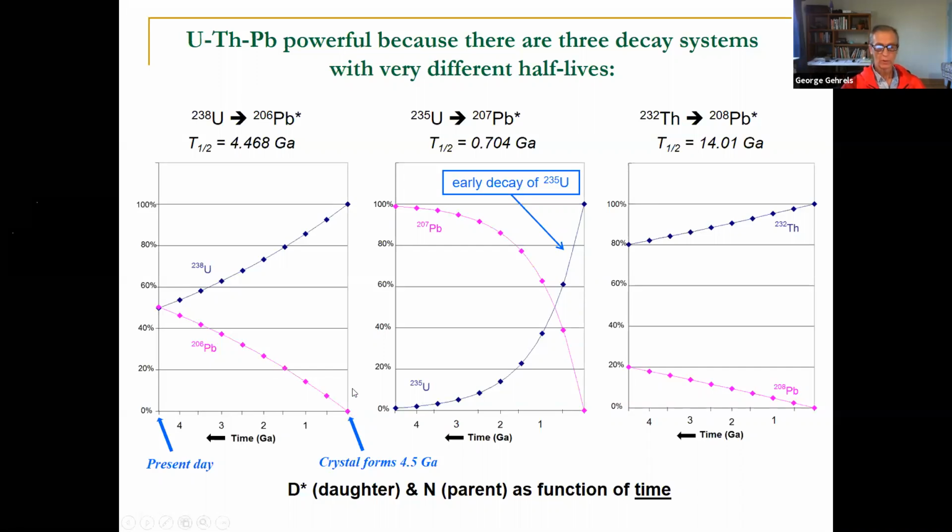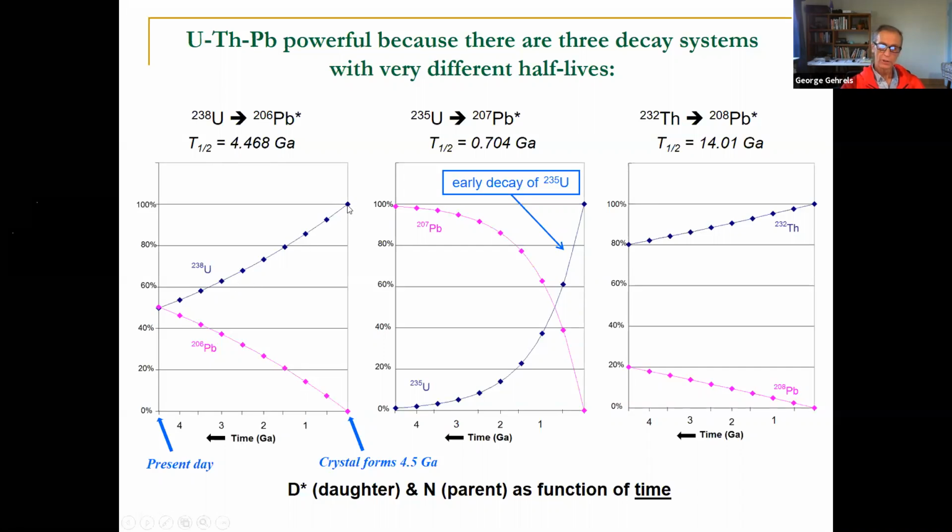As time goes on, we go 1 billion years, 2 billion years, and so on to the present day. And because the half-life is about the same as the age of the Earth, you end up in present day with about equal atoms of 238 and 206, so a ratio of 1 for 206 to 238.